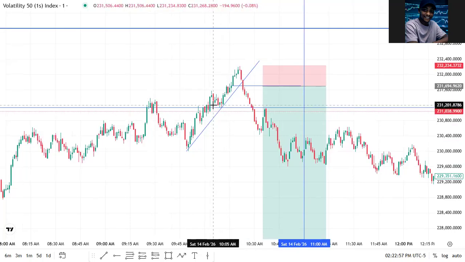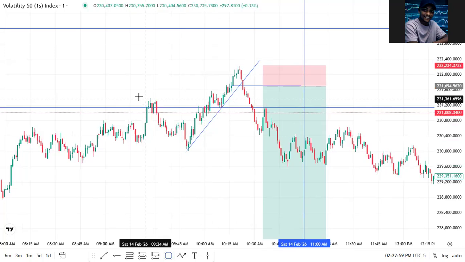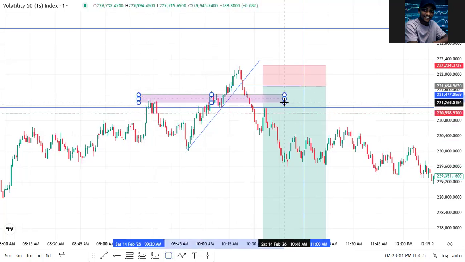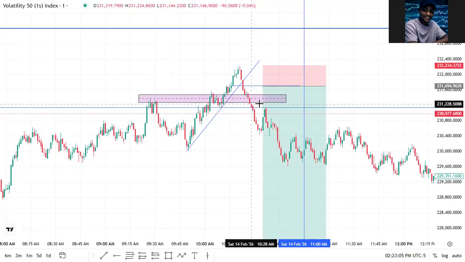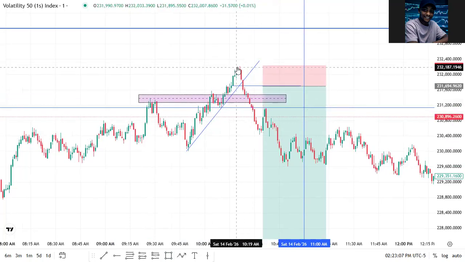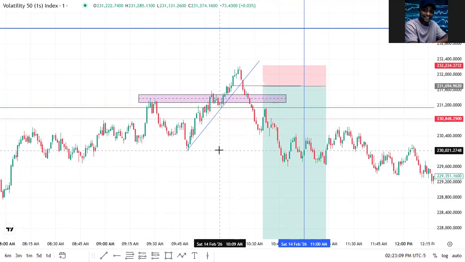If you're using support and resistance, you can have one here. Once it is broken, just sell. Your stop loss will be here. But for me, the way I approach the market is different from the way you want to see it, because we can't be doing the same thing, right?